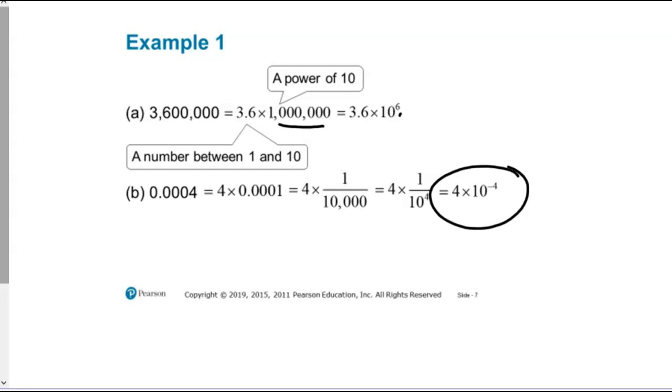It's 0.0004, which means 4 times 1 ten-thousandth, the ten-thousandths place. And so we've got 4 times 10 to the -4th. If it was the hundred-thousandths place, then it would be -5. Sorry, I went through that really quickly as I was zipping along through the slide here.